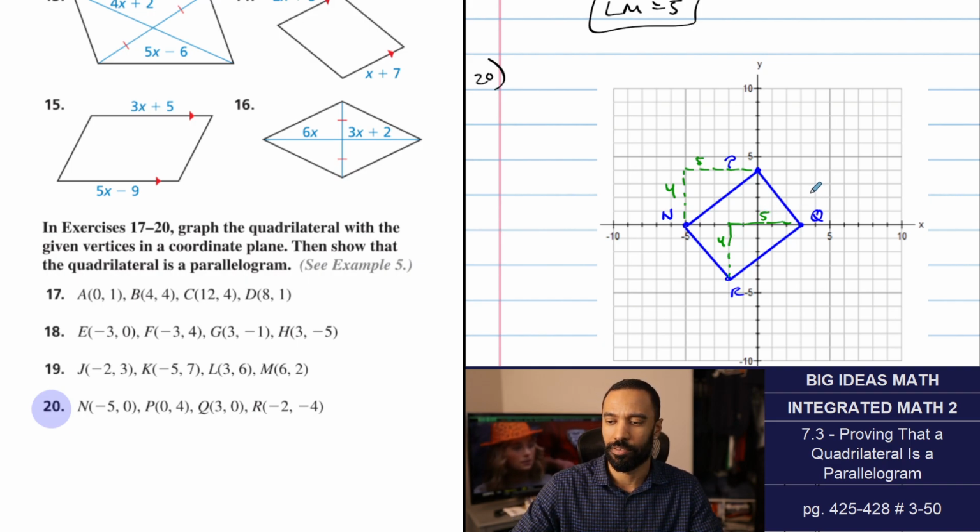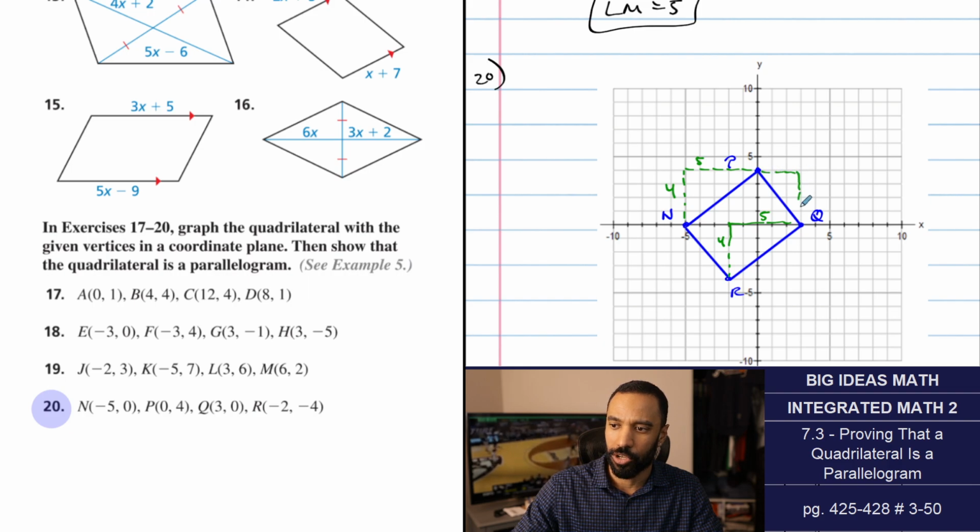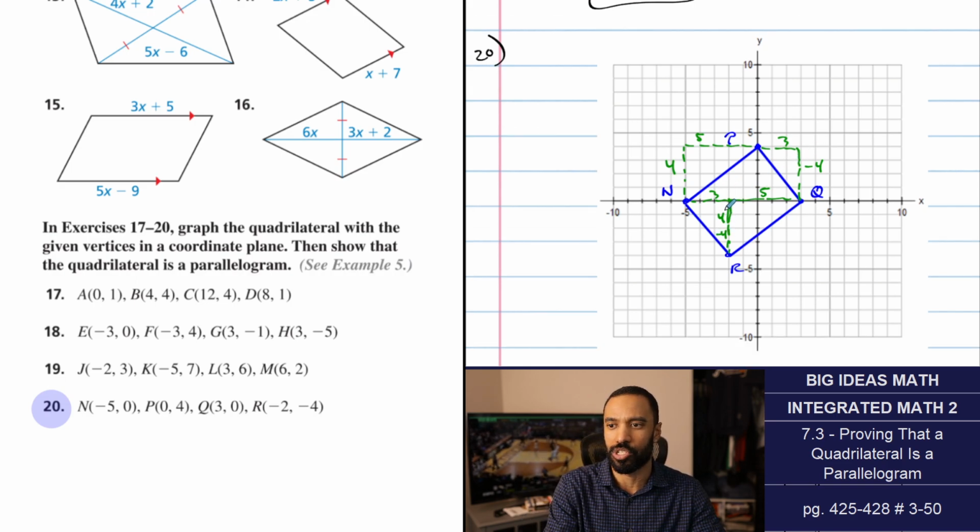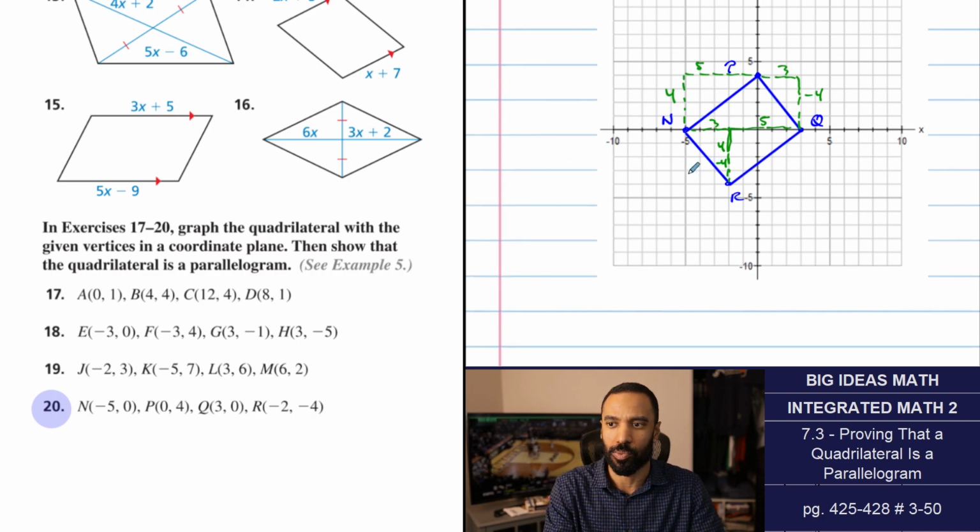Now check this out. So what if I did this instead? Let's go from P to Q, 1, 2, 3, down 4. And from N to R, 1, 2, 3, and down 4. Oh, that kind of gets in the way. But those are the slopes here. So I could have always gone for it this way every time as well.